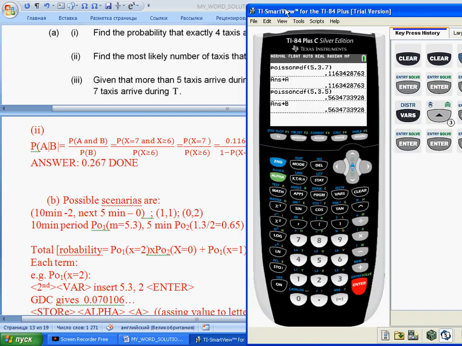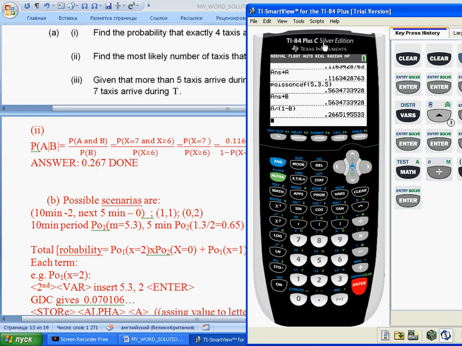So let's do it. So A divided by bracket 1 minus B, bracket closed, and this is the answer.